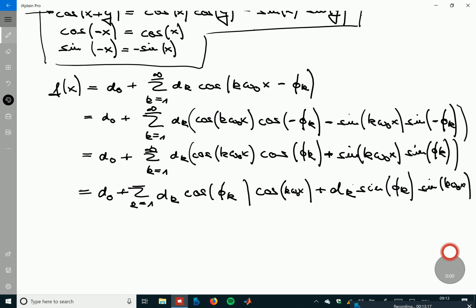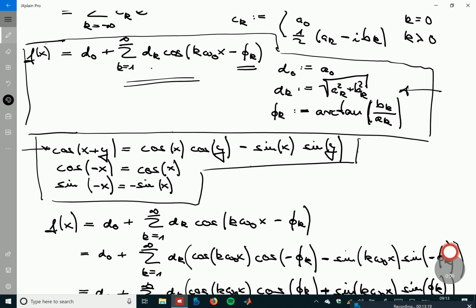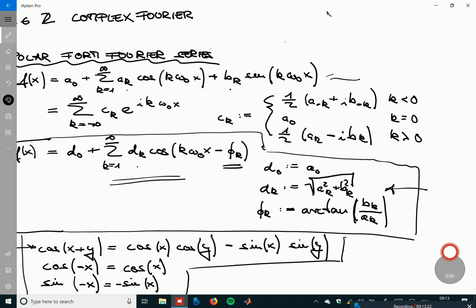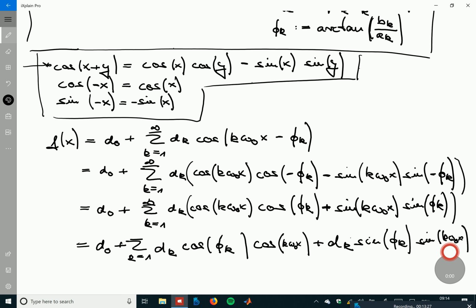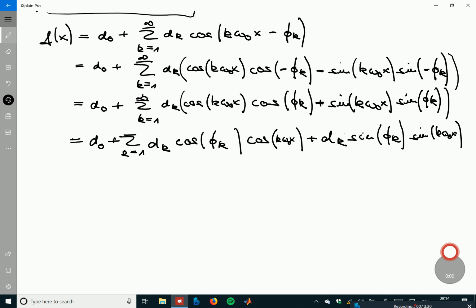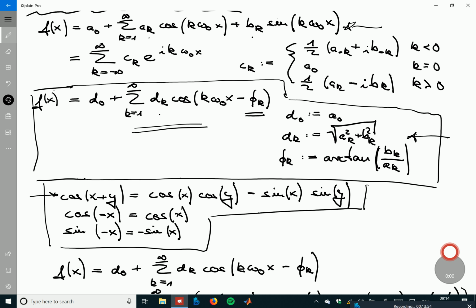So now we are quite close to our real form. If we call this thing a_k and this thing b_k, and a_0 equal to d_0, then we are back at our real Fourier series.